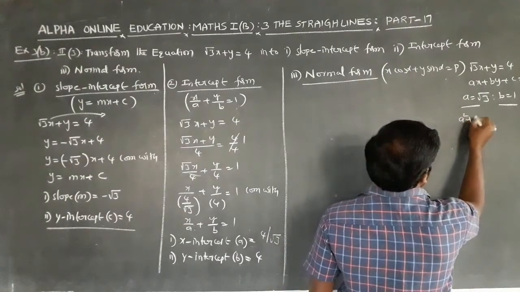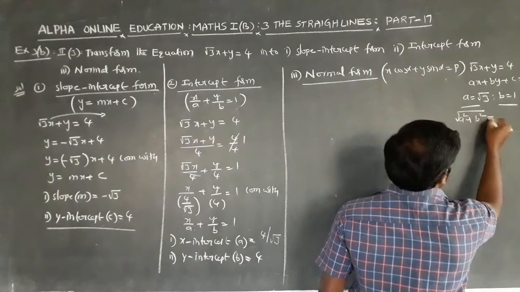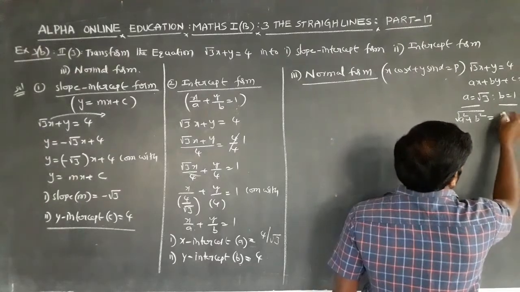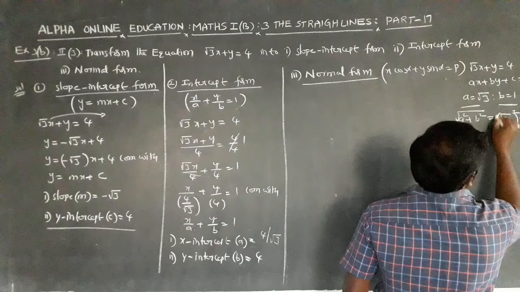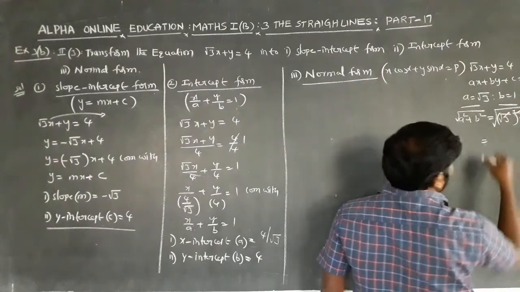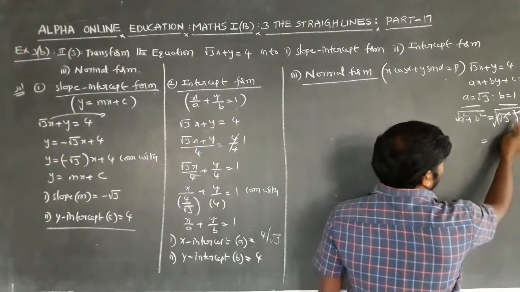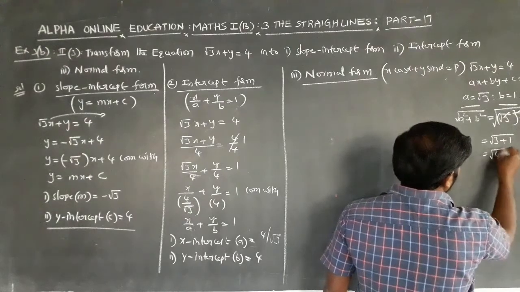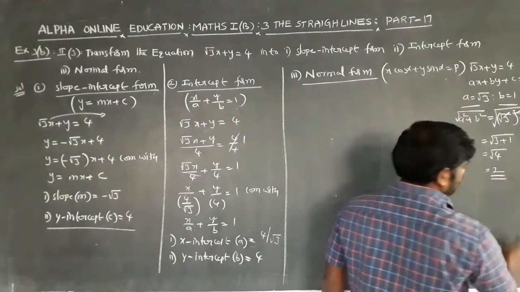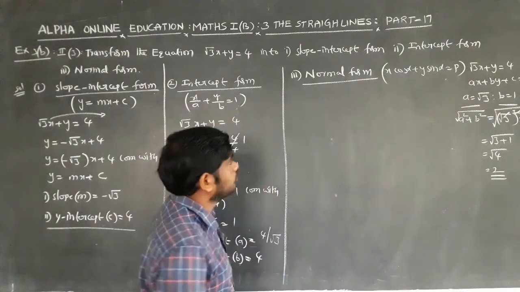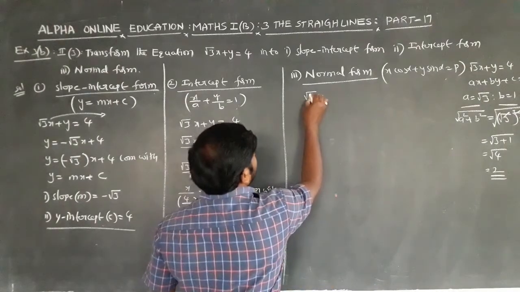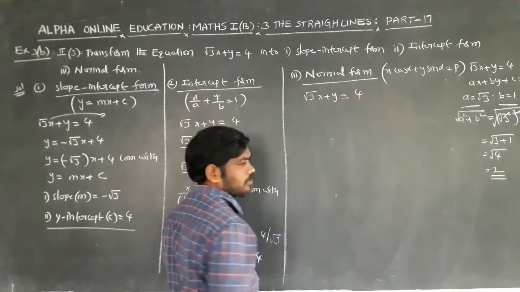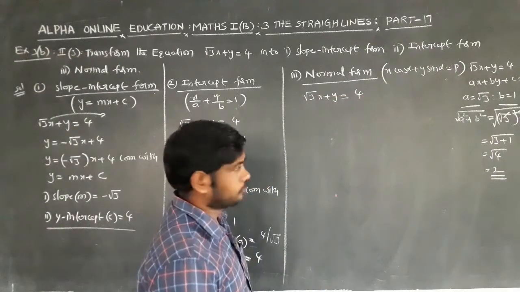Find the value of √(a² + b²): √((√3)² + 1²). The square root and square cancel, 3 + 1 means √4. √4 means 2.